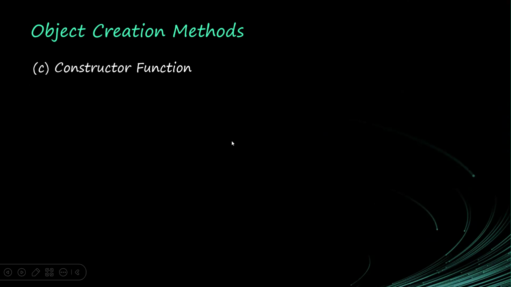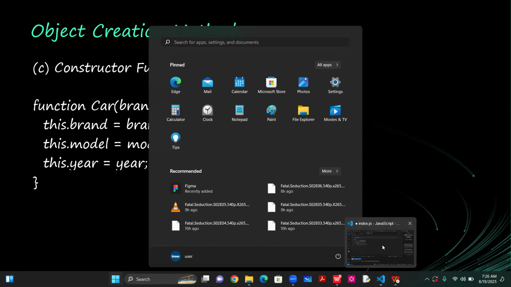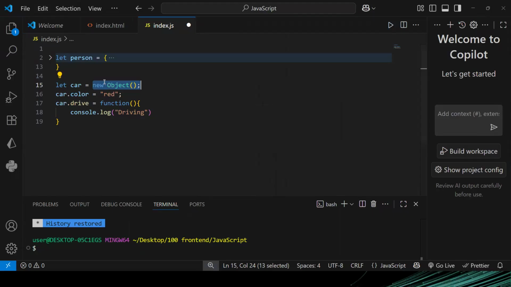You can create a constructor function. When you create a function like this, this is what a constructor function looks like. Instead of doing this with car, I can create a constructor function. But in this case, I'm not going to use car because we already have a variable called car.